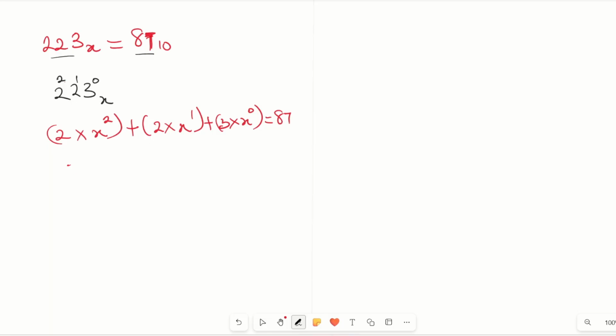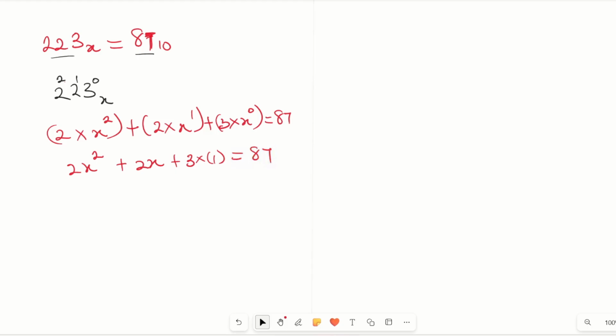So this gives us 2x squared plus 2x plus 3 multiplying x raised to the power 0, which is 1, is equal to 87. So we are getting something like a quadratic equation.